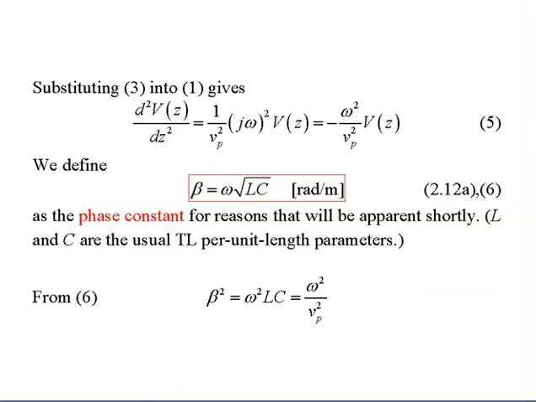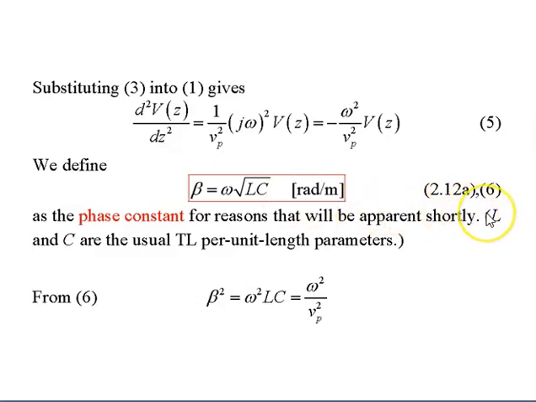If you substitute equation 3 into 1, this will give you equation 5. We are going to simplify equation 5 further with β equal to ω√(LC) as the phase constant, for reasons that will be apparent shortly.